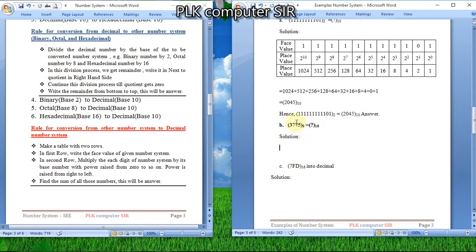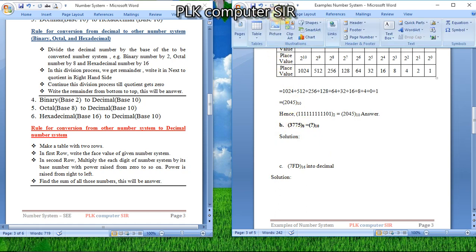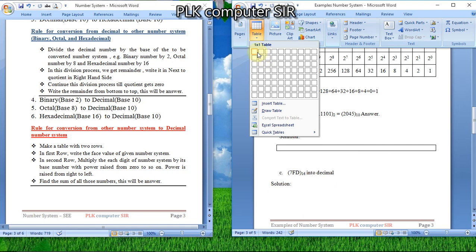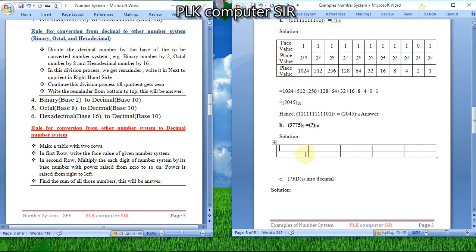So we have here 4 digits, so this can be done from here also. We need one column for face value and another for place value. Okay, so we have here 3 7 7 5.